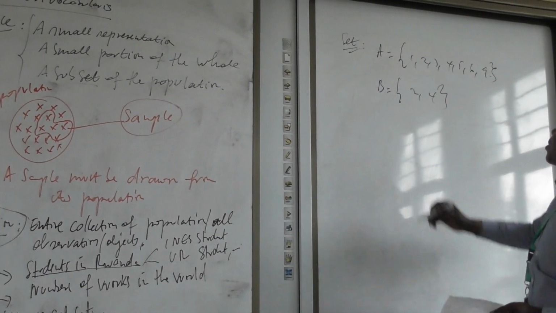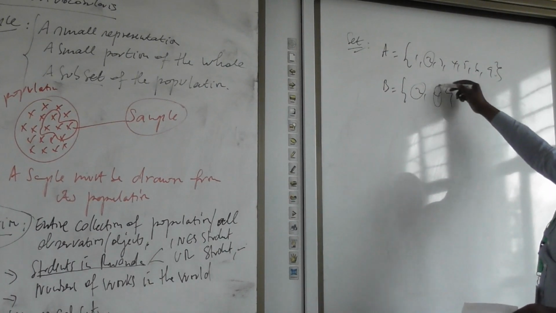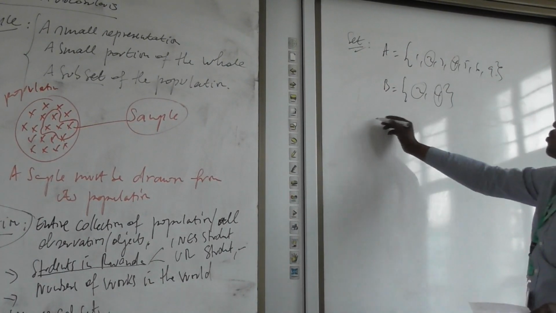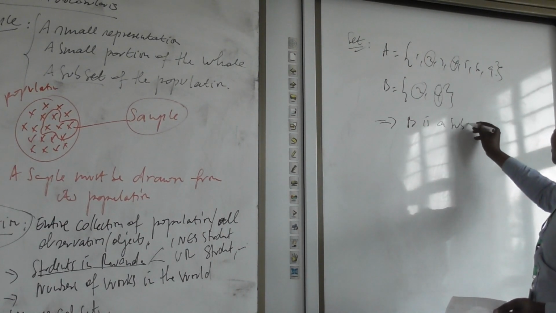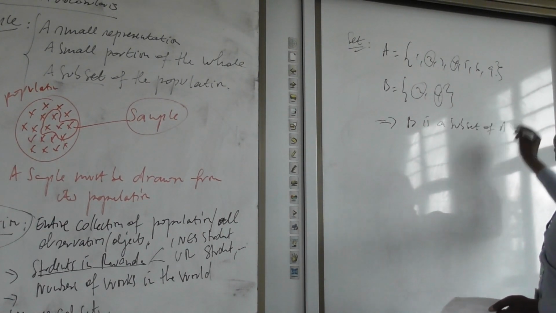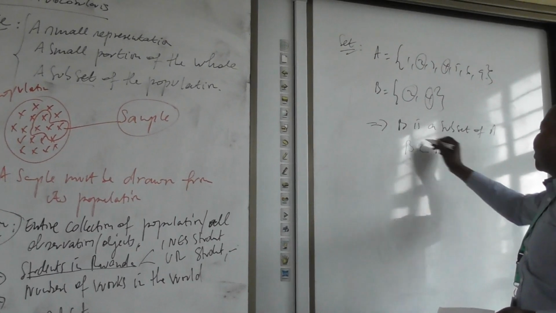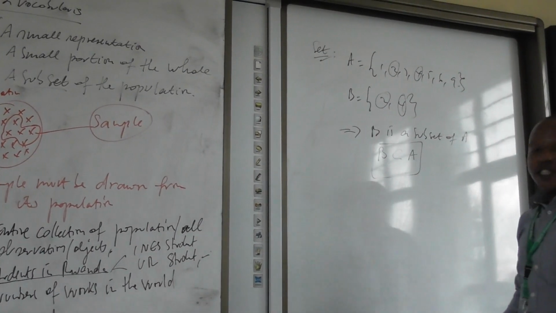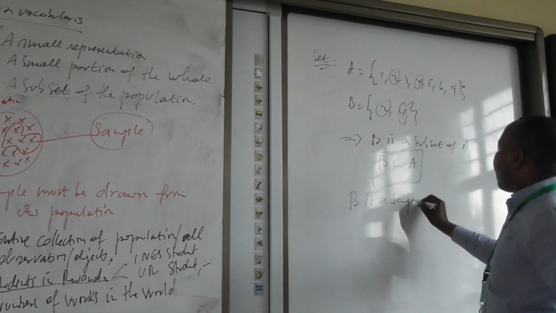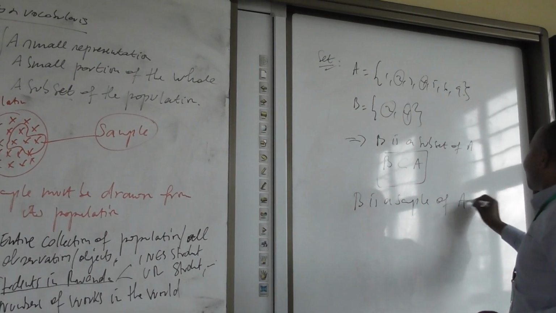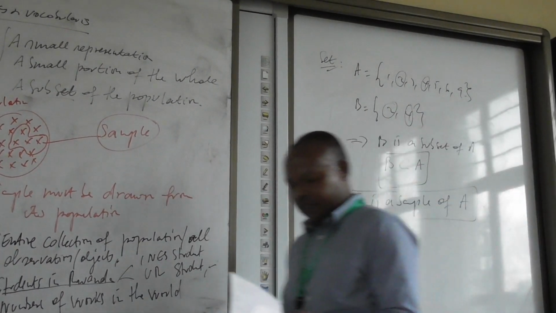As long as you see that 2 also belongs to set A, and element 4 also belongs there, this is to say that B is a subset of A. So mathematically, B is a subset of A. In statistics, you can say B is a sample of A. Hope you understand. Good.